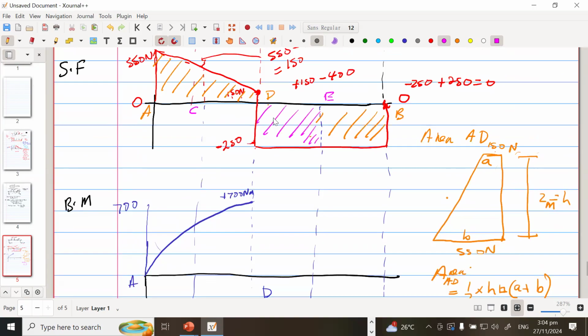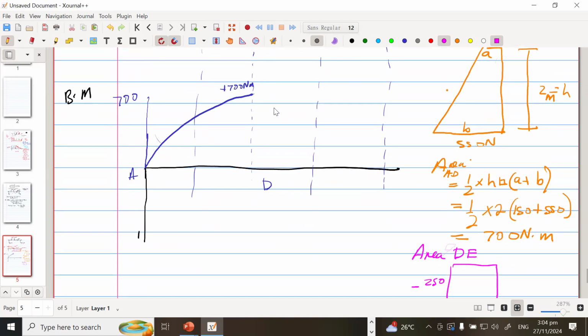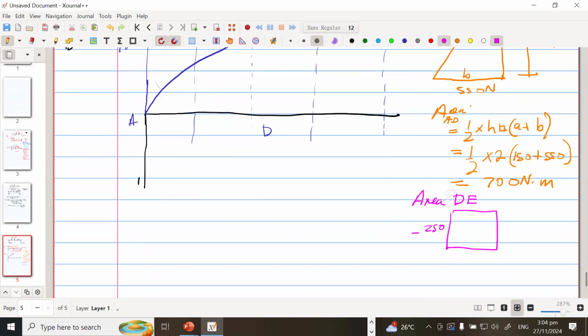And what's the distance? It is 1. So therefore, 1 meter. So the area is the length times width, or height times width. This is in Newton, and this is in 1 meter. So therefore, you're getting minus 250 Newton meter there.